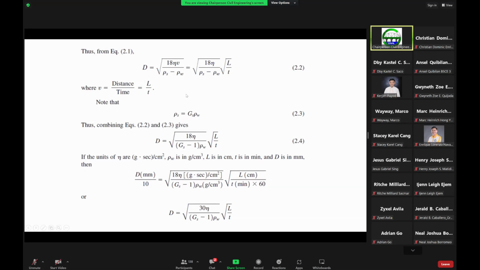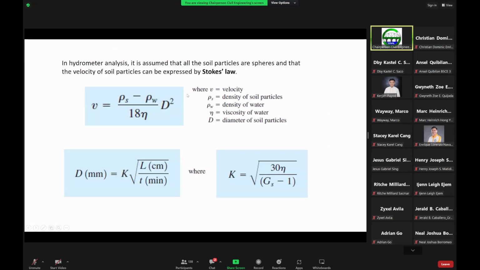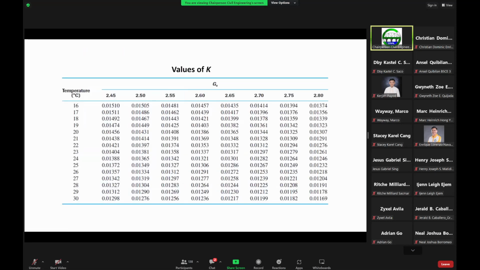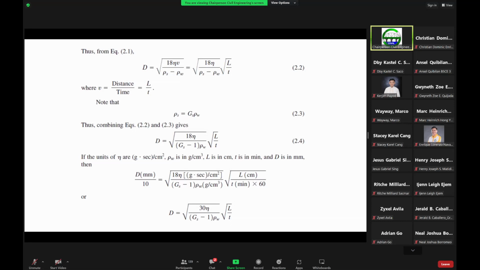This v here is the velocity, which is the length over time. So then we replace this one here.